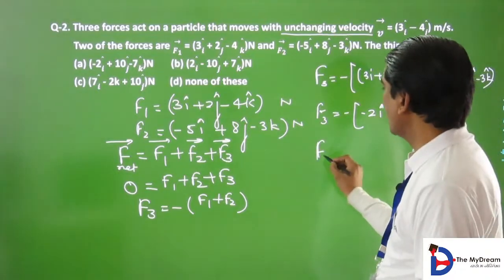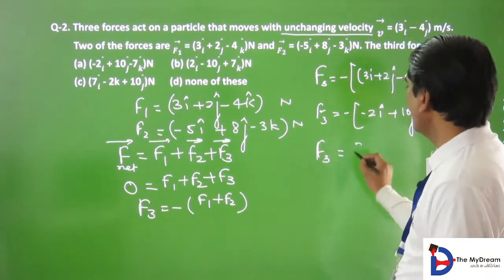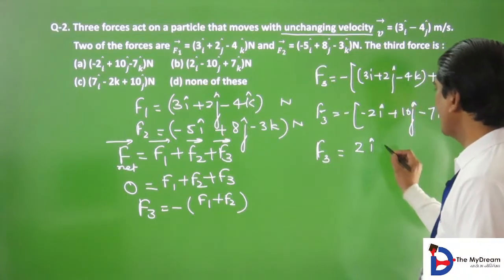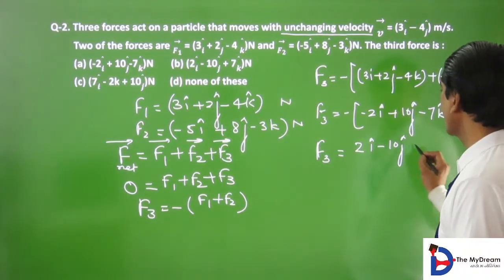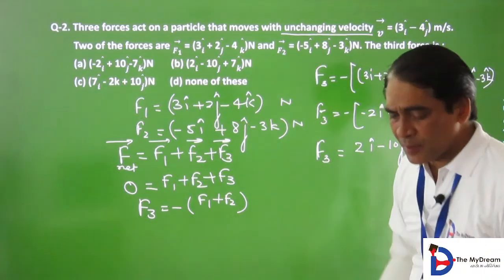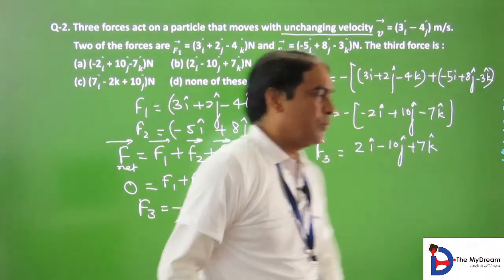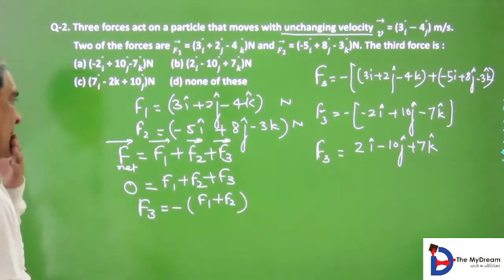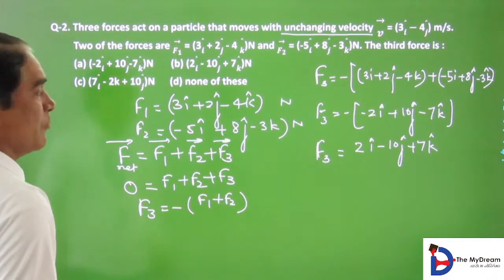So you will get F3 equal to 2i minus 10j plus 7k. This is the third force which is acting on the particle. Then the net force will become 0.